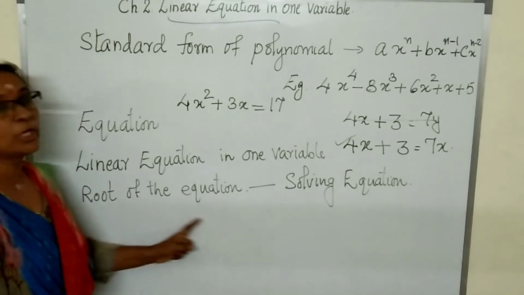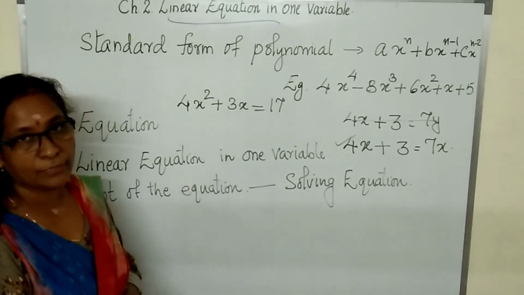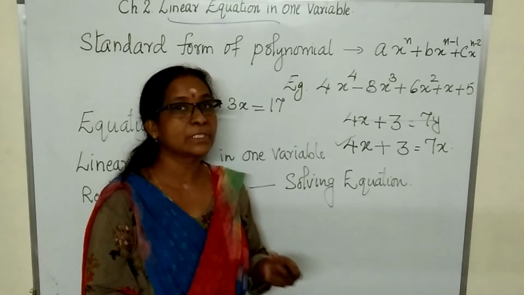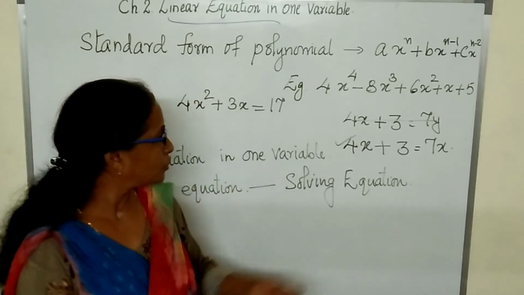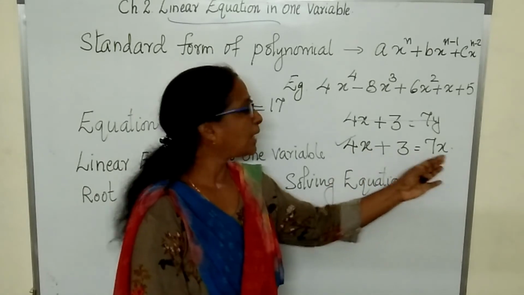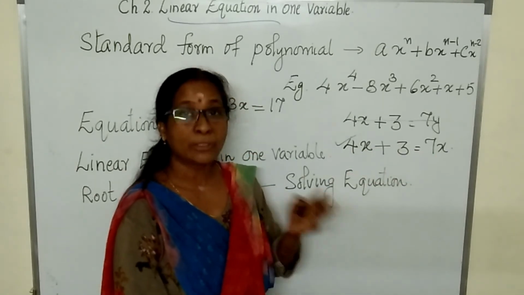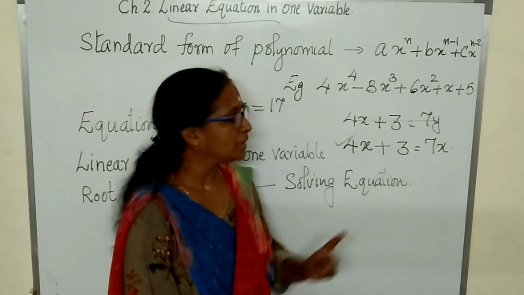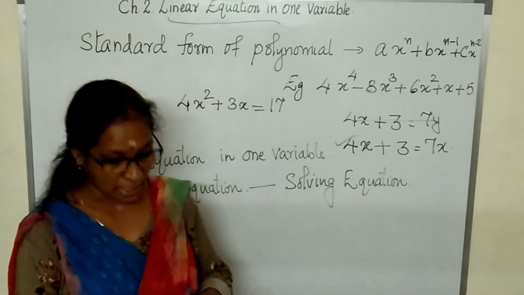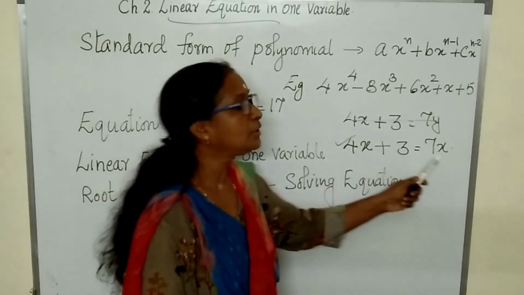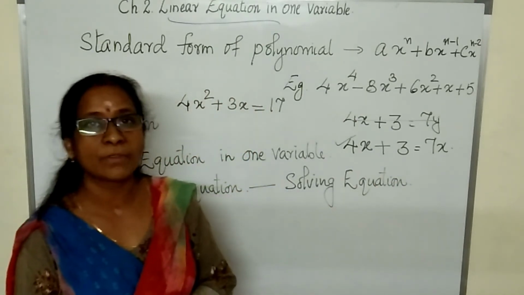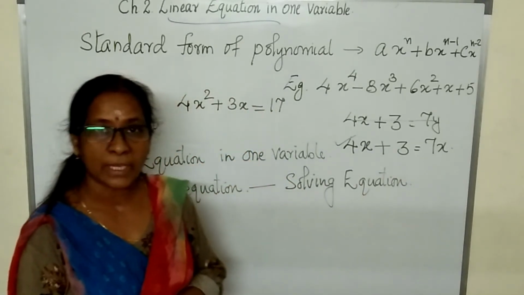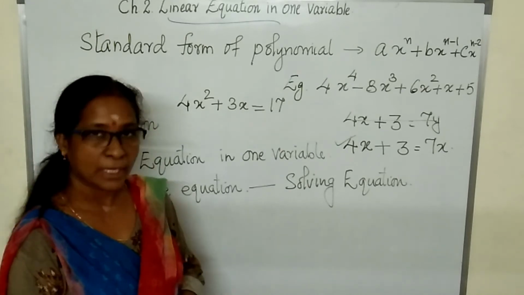Now, what is root of the equation or the solution of the equation? In the beginning, we learned that variables are the quantities which take different numerical values. So, here you can find out different values of x. But all the values of x may not make this equation true or correct. So, the value of the variable which will make the equation true, or the value of the variable which satisfies this equation, is called the root of the equation or solution of the equation.